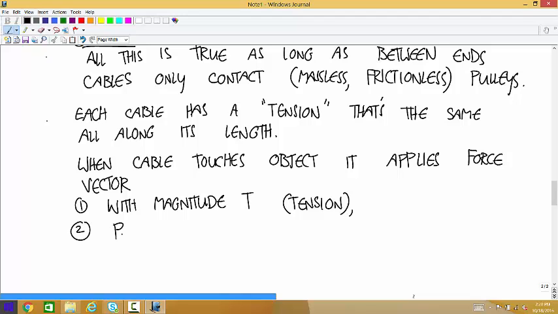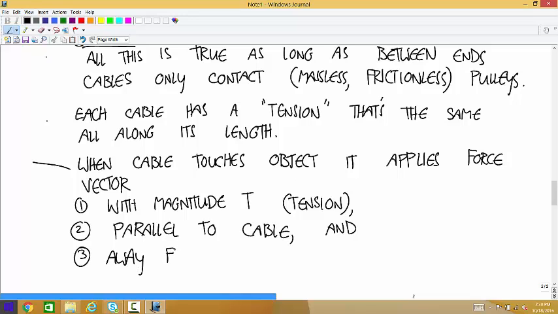Second, it is parallel to the cable. And third, it acts away from the object and toward the cable.